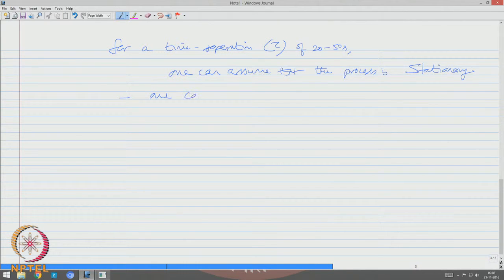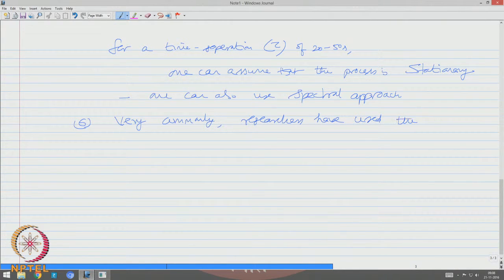Therefore, one can also use spectral approach, so very commonly researchers have used the following spectrum for analysis of offshore structures under earthquake loads.